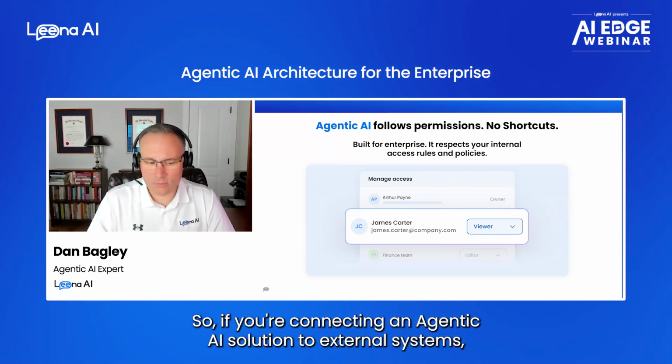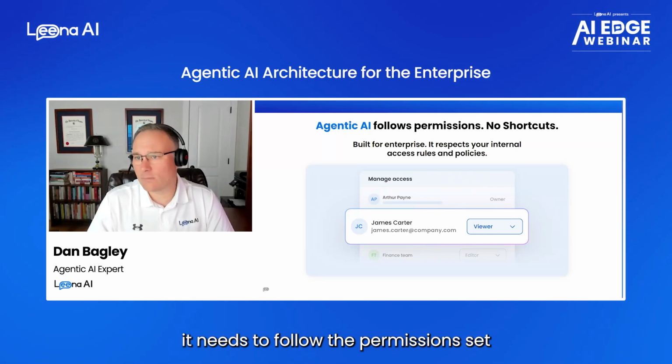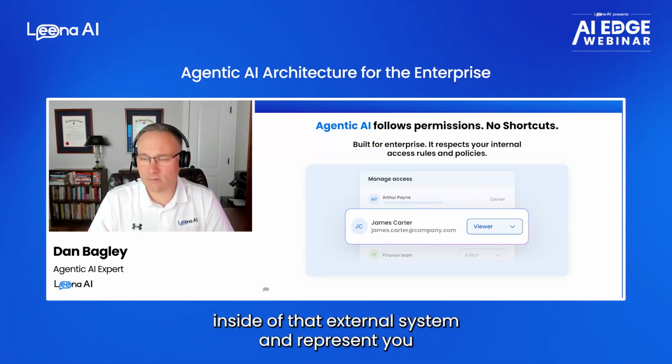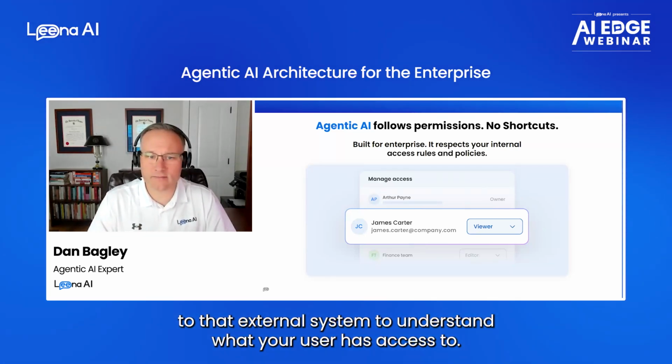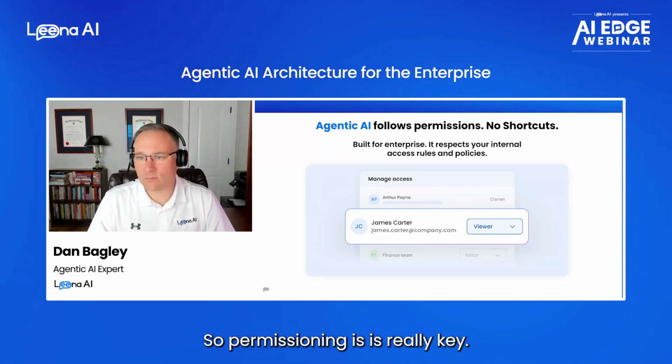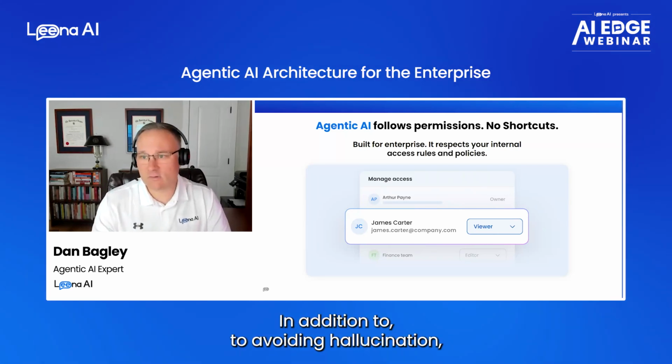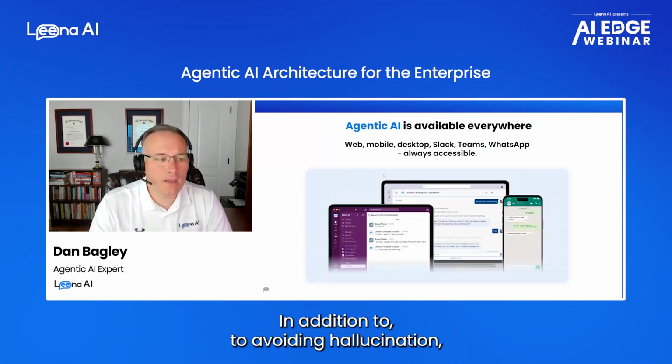So if you're connecting an agentic AI solution to external systems, it needs to follow the permission set inside of that external system and represent you to that external system to understand what your user has access to. So permissioning is really key in addition to avoiding hallucination.